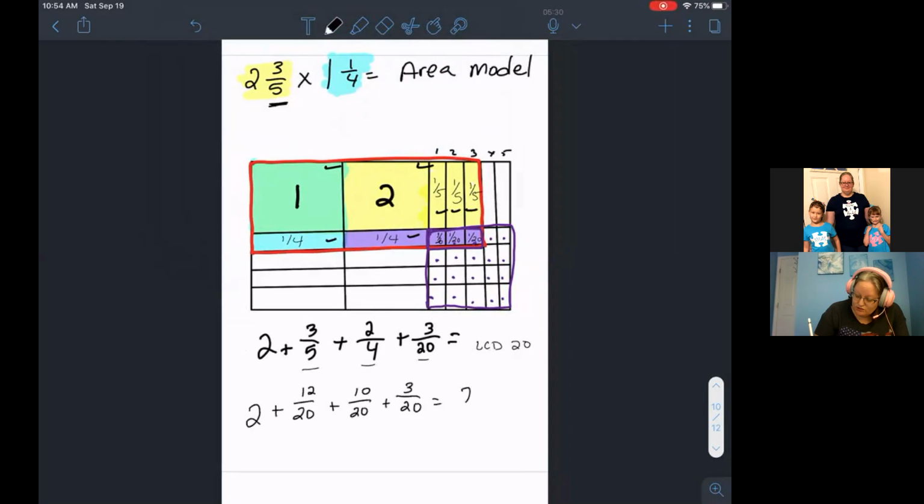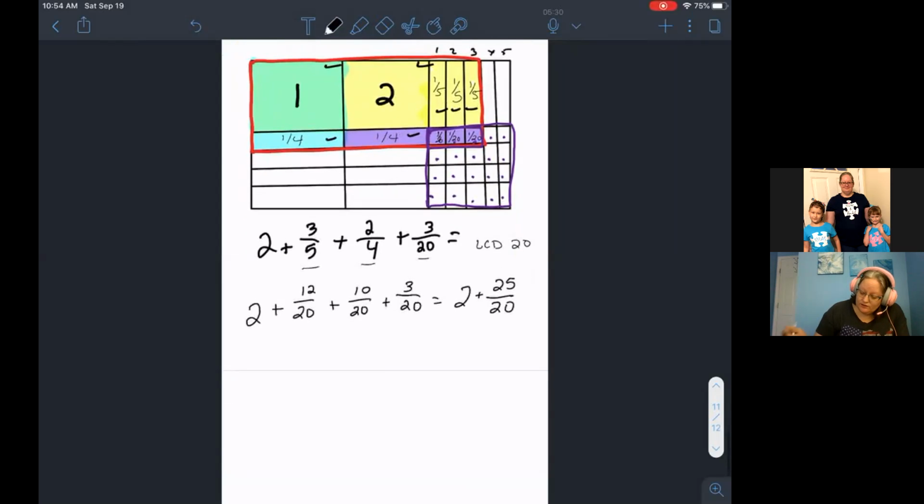So that would give us 2 plus 25/20. 25/20 would give us 1 and 5/20. So that's going to be equal to 3 and 1/4.